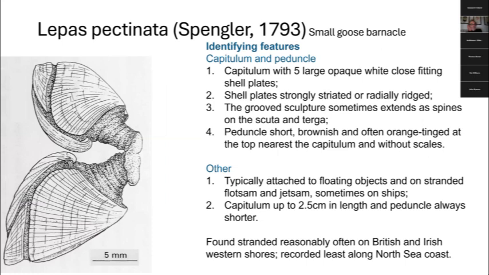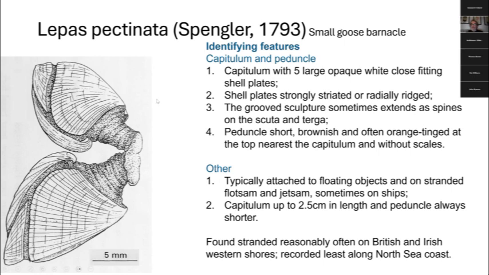Another Lepas, we're coming near to the end now. Again, it has a similar number of plates to the others, but their shape, disposition and sculpture is very different. These plates are usually very close fitting with not so much gap between them.